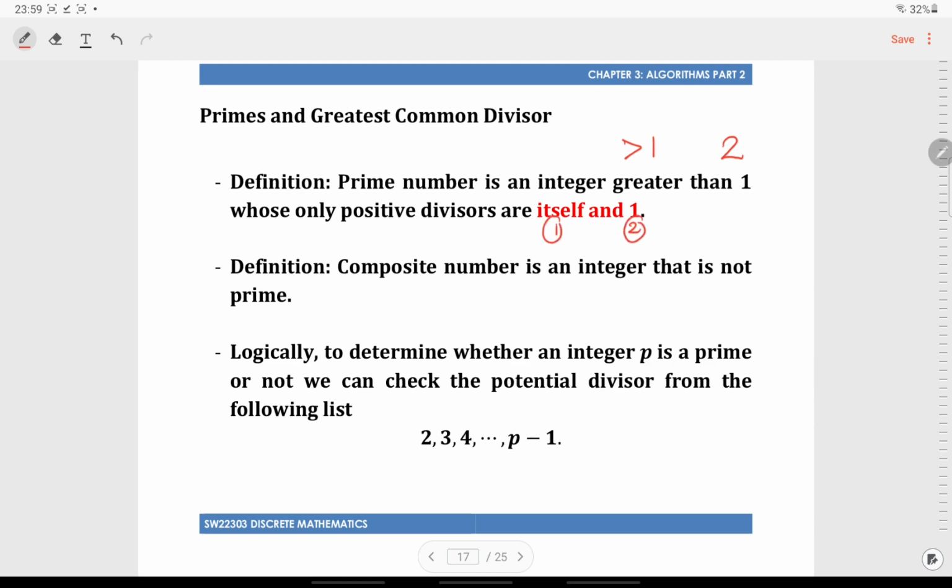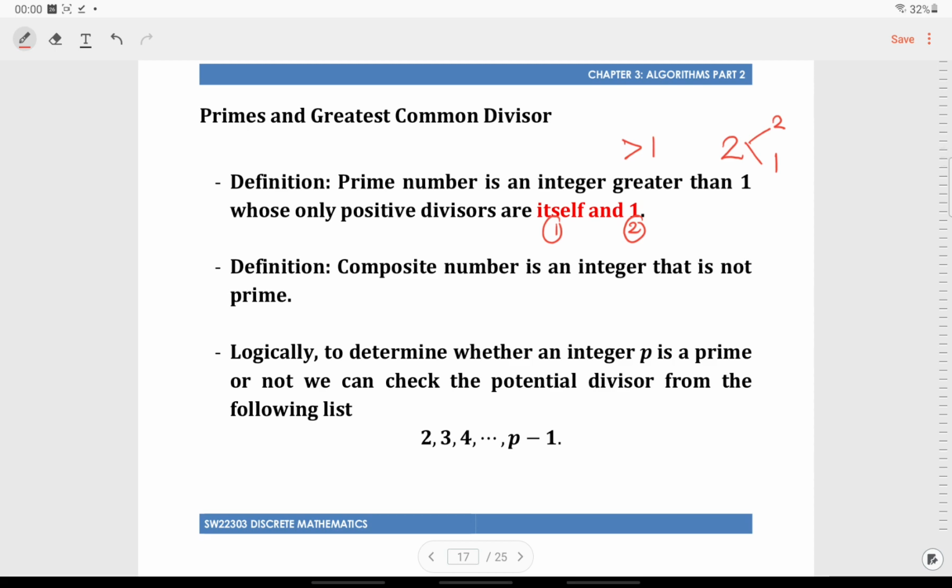So let's check the integer 2. Yes, integer 2 can be divided by itself, which is 2. So 2 divided by 2 equals 1, which is an integer, and it can also be divided by 1. So 2 has only two possible positive divisors, which are itself and 1.